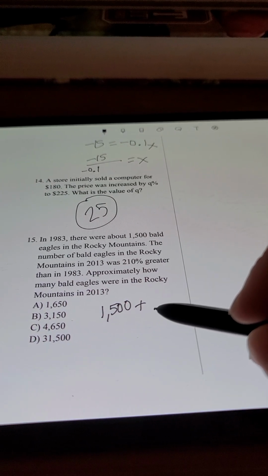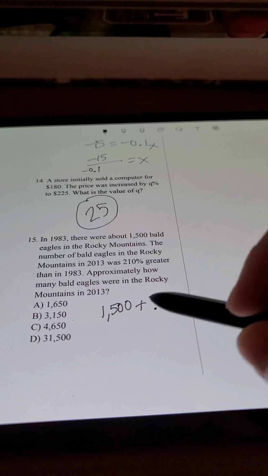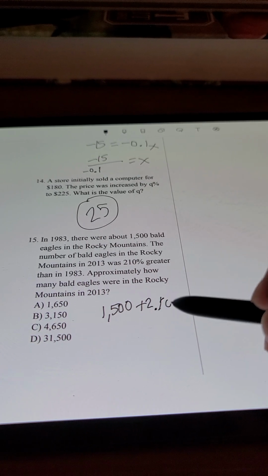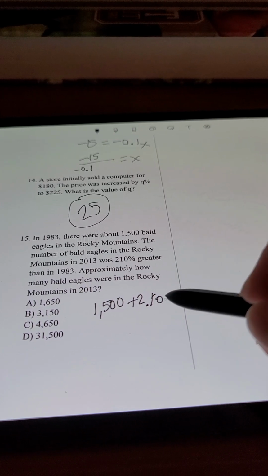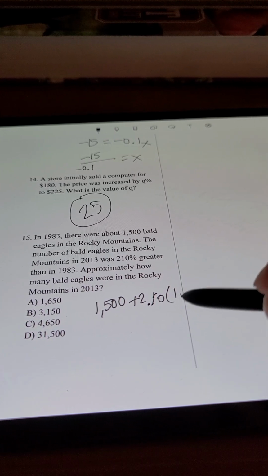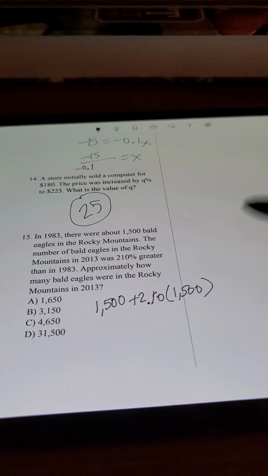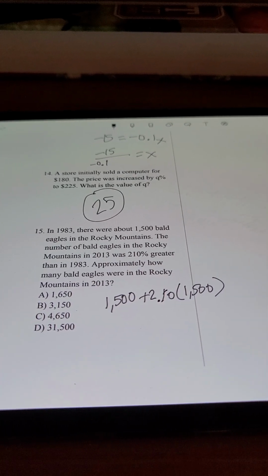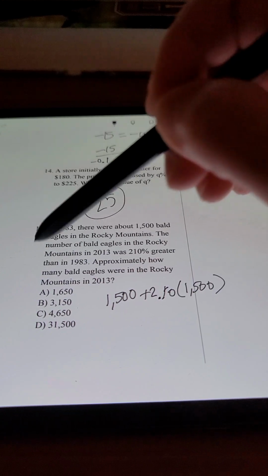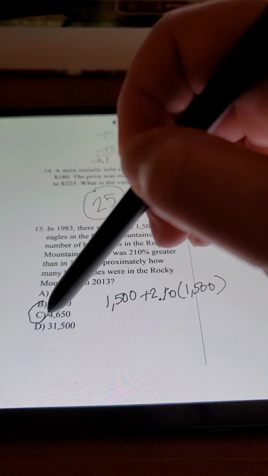So we're going to add on 2.10, because we just moved the decimal over by 2 to the left, times 1,500. So that's all you have to do, and then you'll have your answer. So the answer should be C, 4,650.